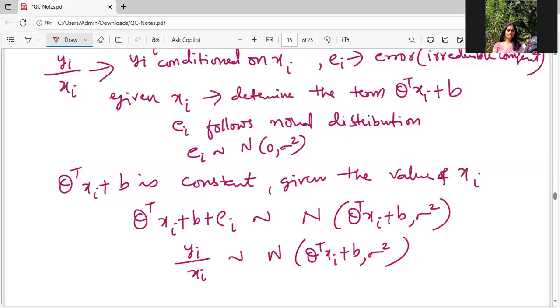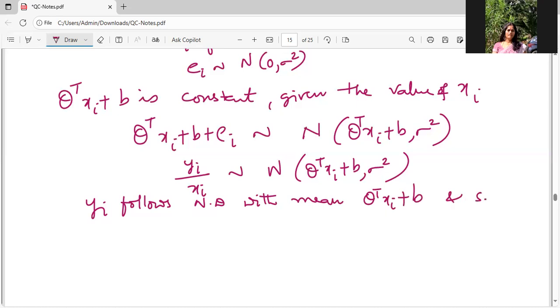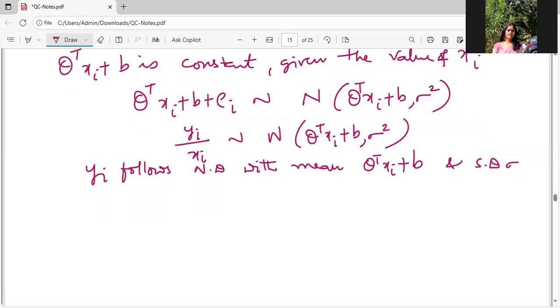In linear regression, we take the conditional mean of the distribution as our prediction. Now here I can say yi follows normal distribution with the mean theta transpose xi plus b and standard deviation sigma. Variance is sigma square, standard deviation is sigma.